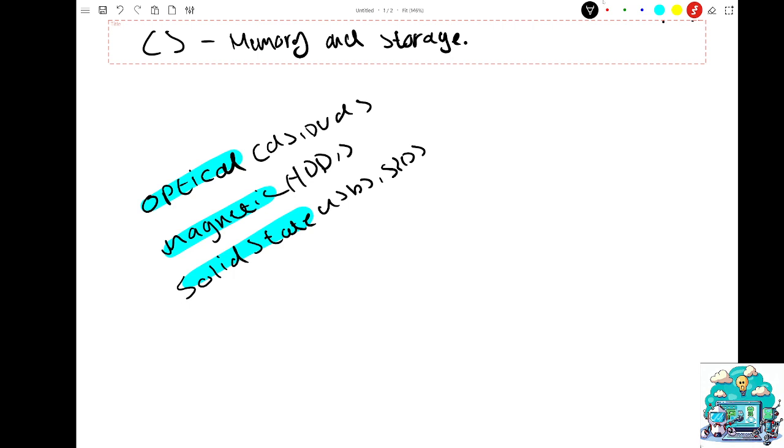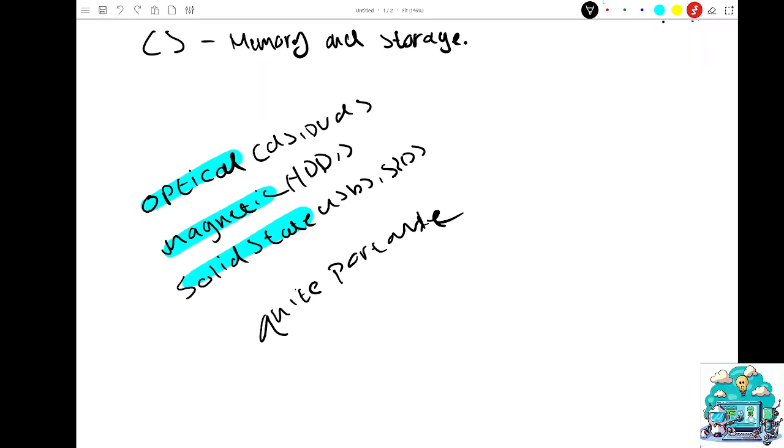Reliability and portability. So optical is quite portable, so you can take it around anywhere, like CDs and DVDs and Blu-rays.